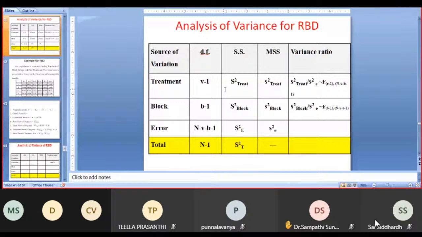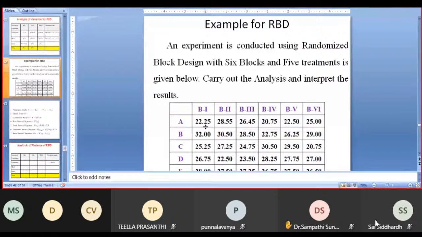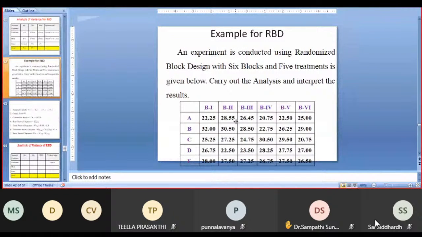So the sum of squares that you are calculating in the analysis of variance is due to treatments, blocks, error and total, and the degrees of freedom that you are presenting, you can check here. Here there are six blocks and five treatments that are applied, and these are the observations.